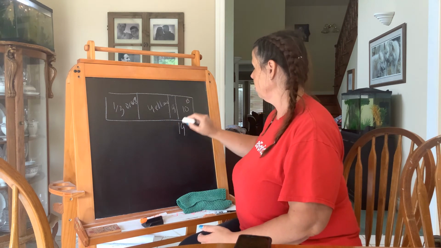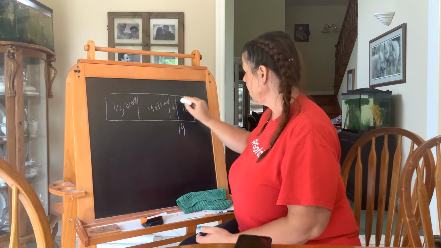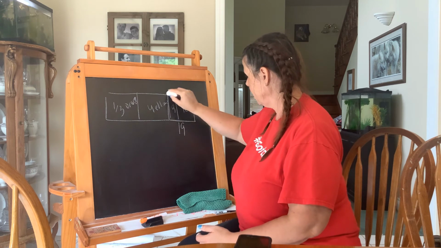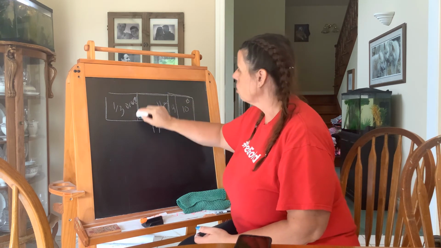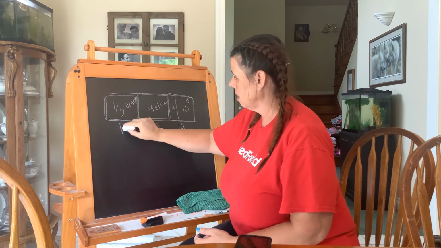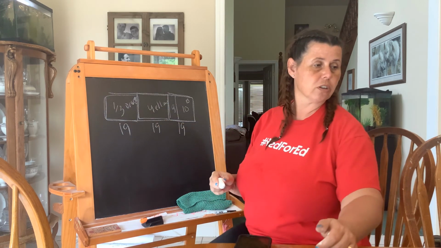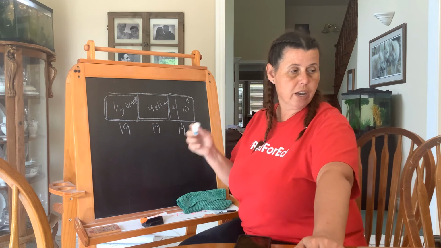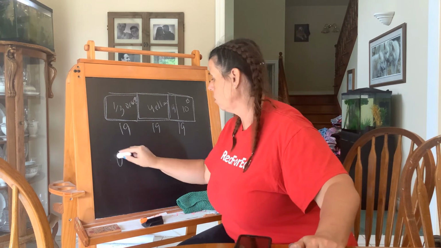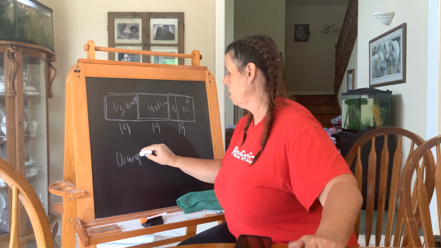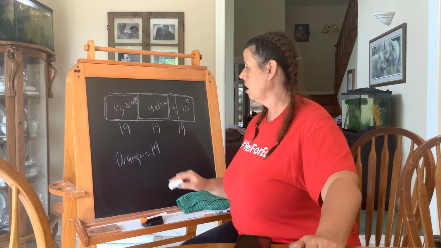So that means total there are 19 in this third. 9 from the yellow and 10 from the blue, which means if this third is 19, so is this third, 19. So is this third 19. So how many fish were there? There were 1/3 orange. So orange would be 19.